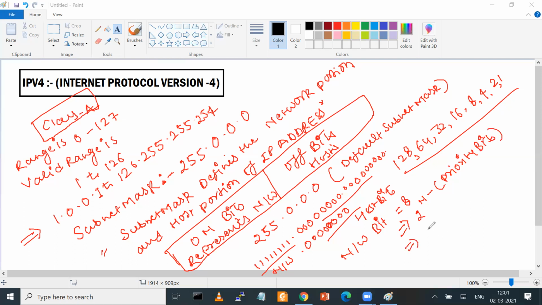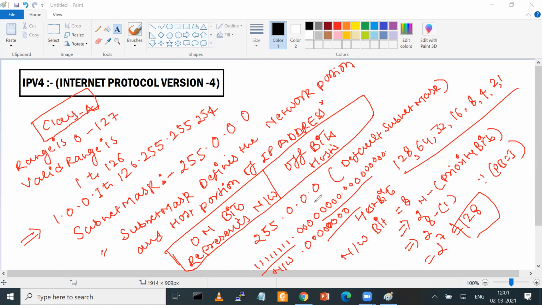So 2 raised to the power n, which is 2 raised to the power 8 minus 1. Default priority bits PB is equal to 1 for class A. So it becomes 2 raised to the power 7. It means 128. Means I can create 128 networks in class A.